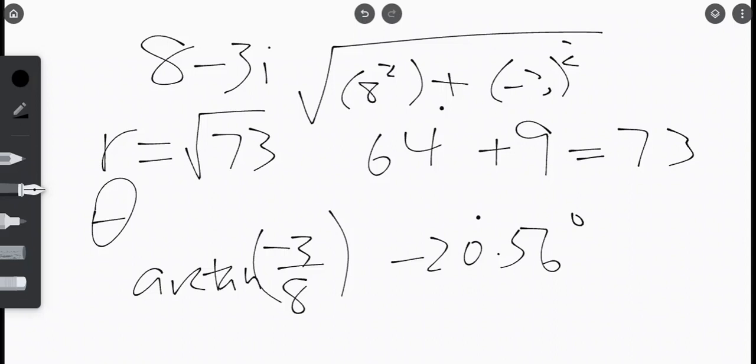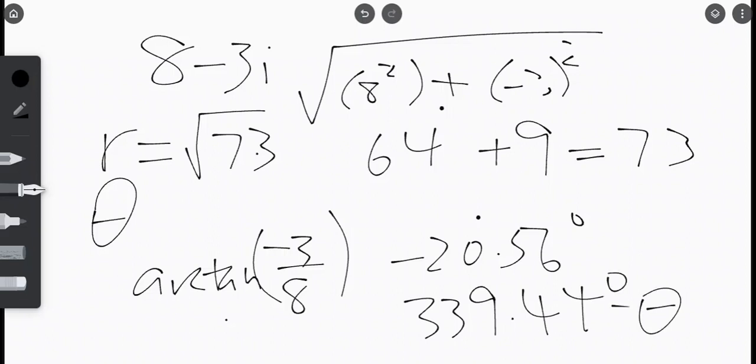Most people would actually want the angle theta to be between 0 and 360, so let's add 360 to this number to find a coterminal angle, which is 339.44 degrees. So this is what our theta is.